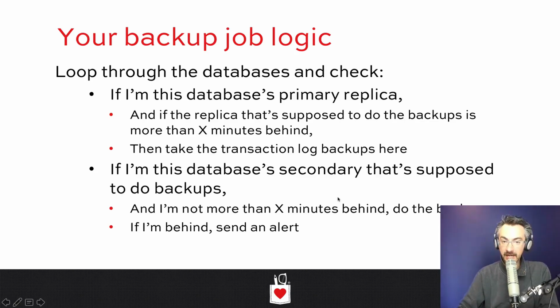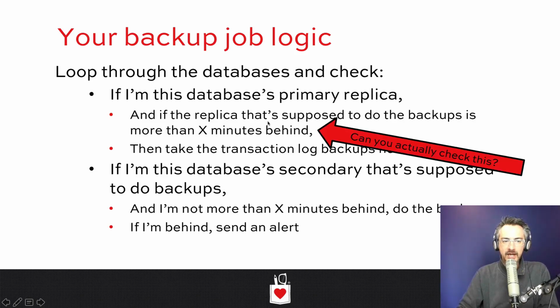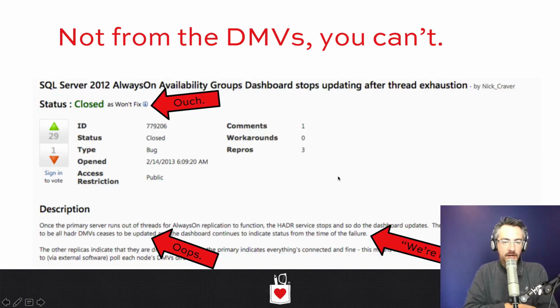Otherwise, if I'm the secondary, if I'm the one who's supposed to do backups, I should do it as long as I'm not more than a certain number of minutes behind. This is already kind of complex, and I've got some bad news for you. You actually can't check from the primary to see how far behind each of your secondaries are.